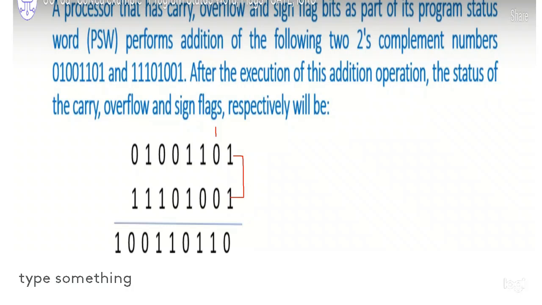Then 1 plus 0 is again 1. Then 1 plus 1 is 0 and the carry generated is 1. Then 1 plus 0 is again 1, 0 plus 1 is 1. Then 1 plus 1 is again 0, and the carry is 1. Then 1 plus 1 again is 0 and the carry is 1. That carry we have written here. So based on whatever the PSW is, with the help of that we need to write the answer.